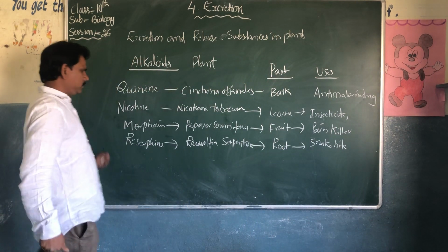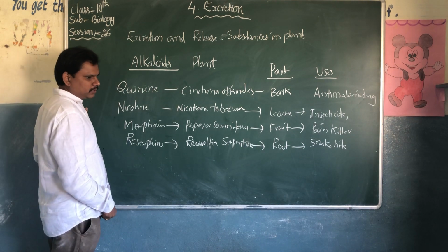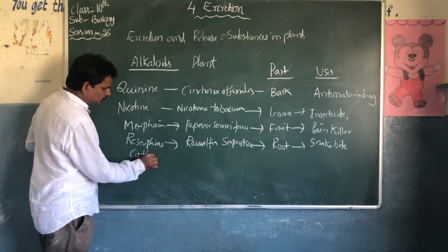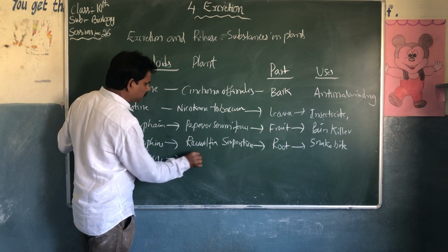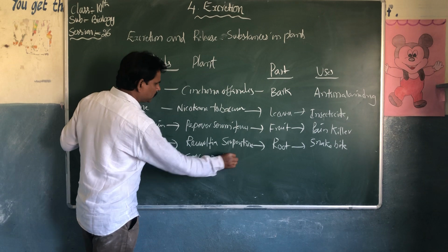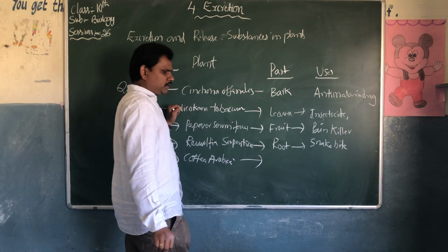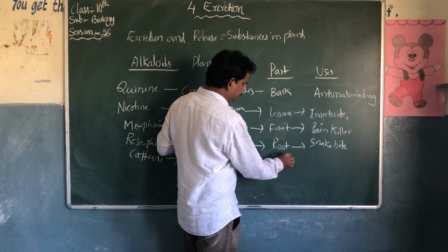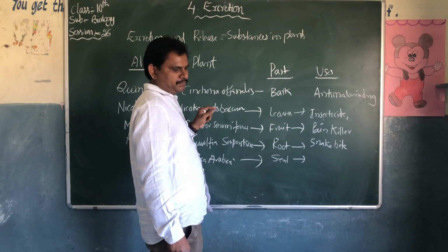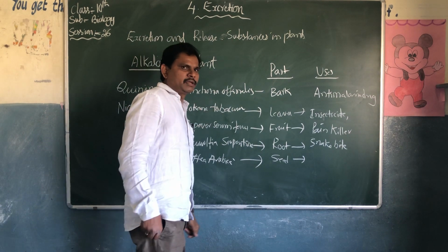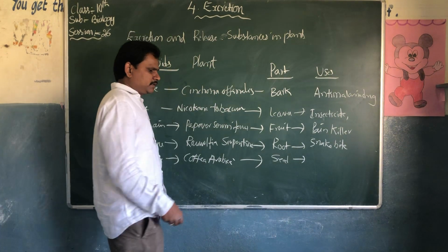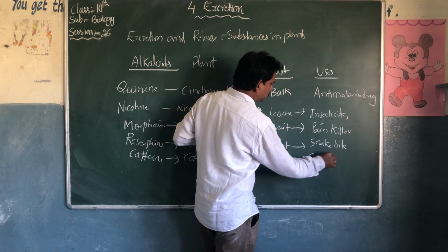Next one is caffeine, from Coffea arabica, the coffee plant. The part is seeds. It is a central nervous system stimulant. When you drink coffee, it gives relief to the brain.